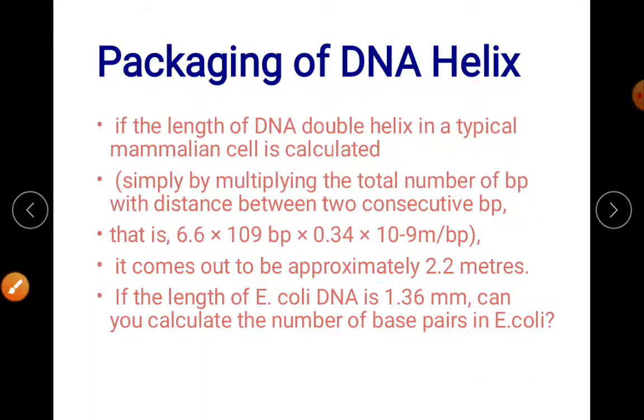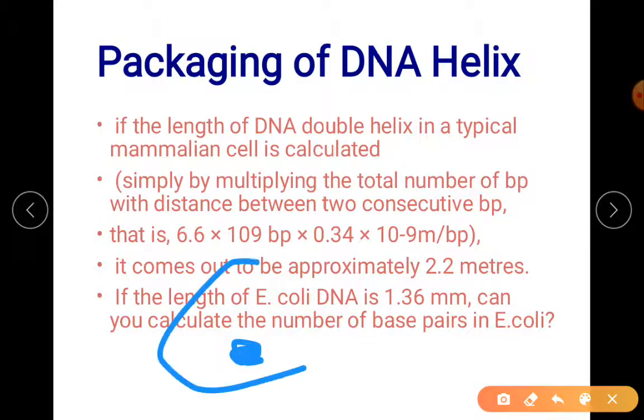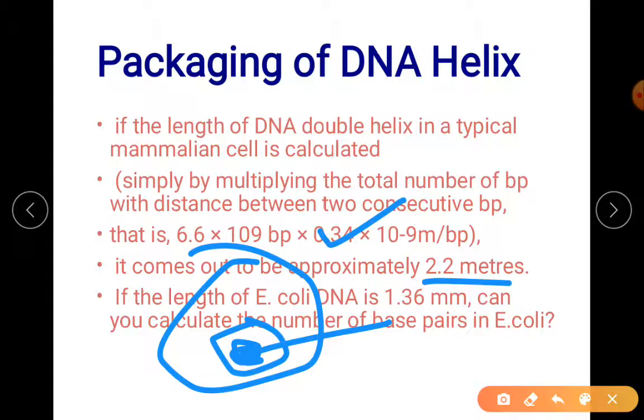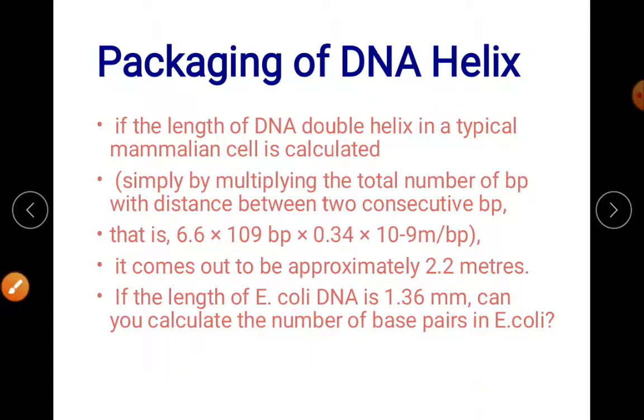So this is how they are saying that long DNA is very compactly kept very small inside your whole cell, which is actually, if you stretch, it will be 2.2 meters approximately based on the calculation, but it is not visible to our eyes. Remember that. So this is how the calculation is given.